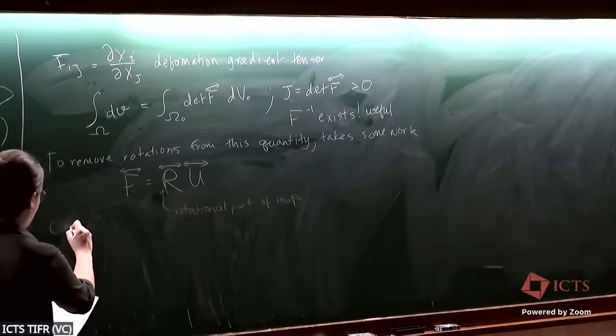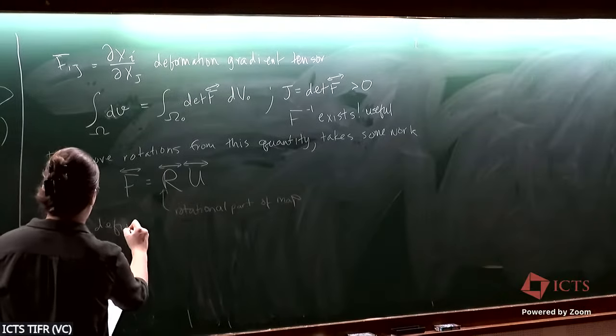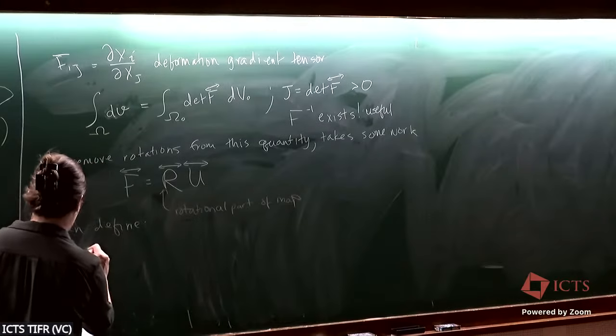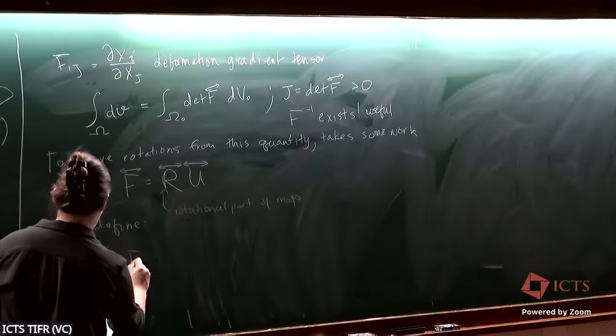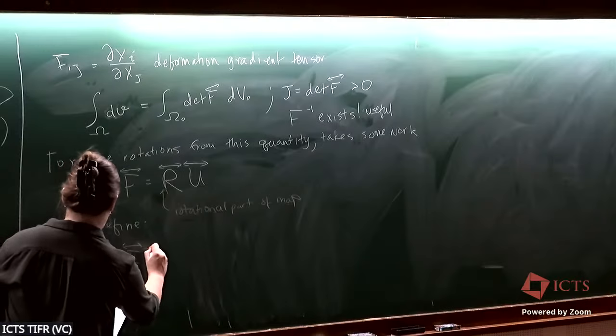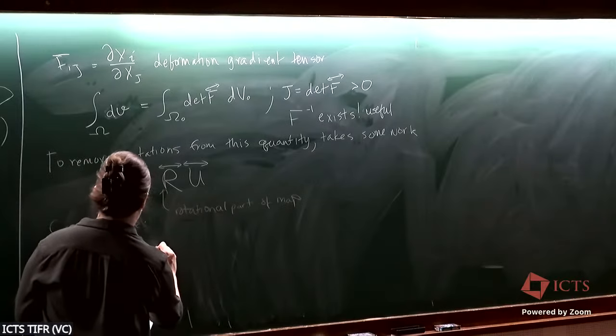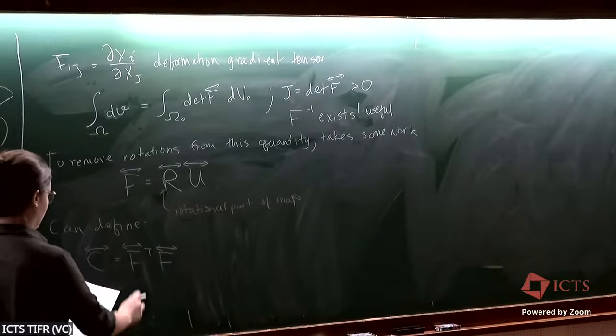And then we can also define another very useful quantity, C, which is what you get from taking the transpose of the deformation gradient tensor times itself.